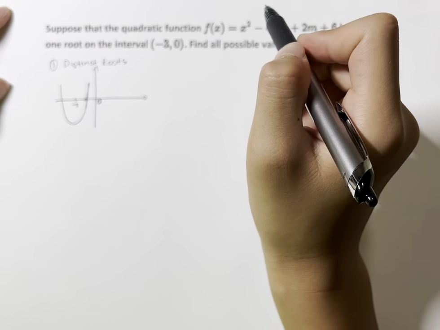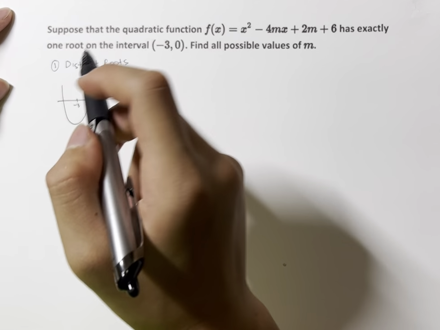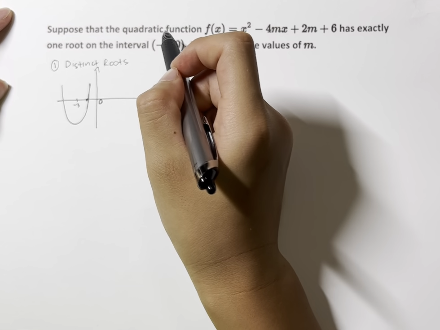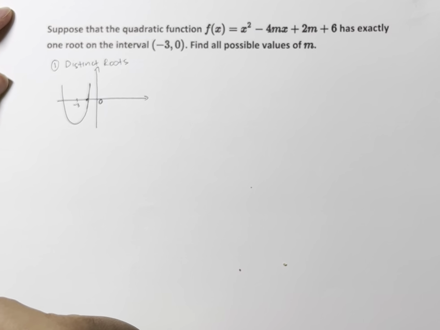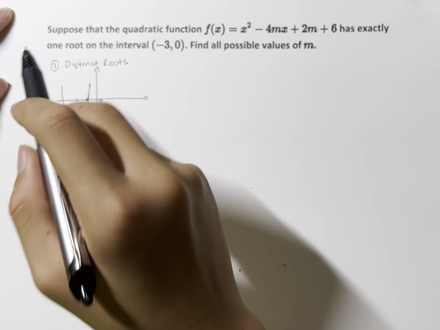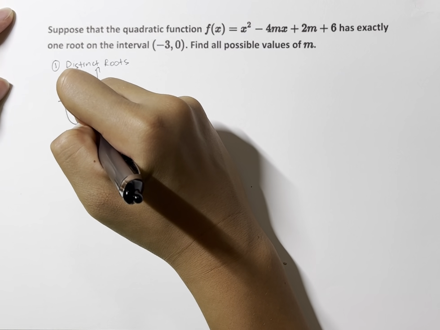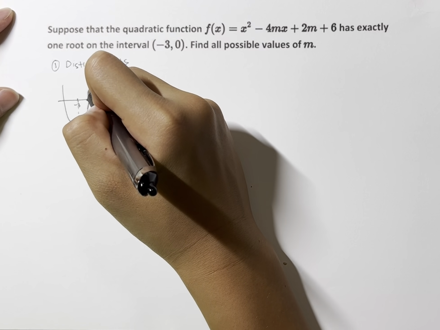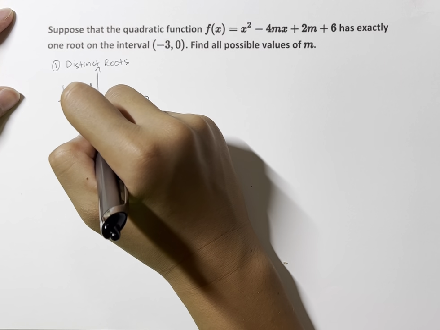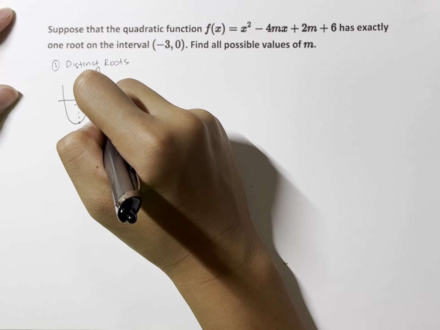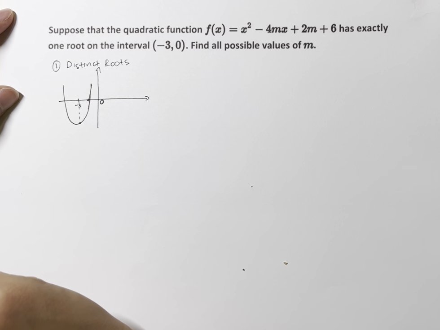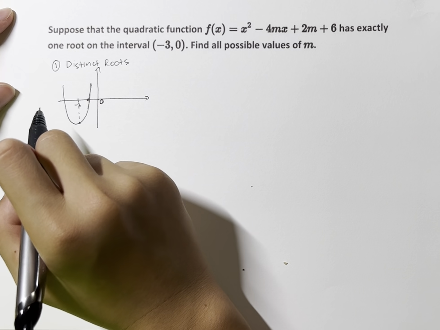Okay, now what conclusion am I going to make? Let's observe the two extremes, -3 and 0. When x equals -3, the corresponding y value is obviously less than 0. But when x equals 0, if you extend the parabola upwards, it intersects the upper portion of the y-axis, so y is greater than 0.